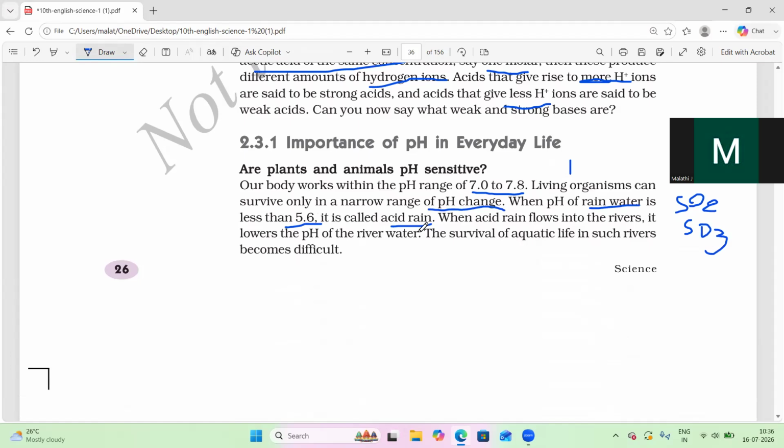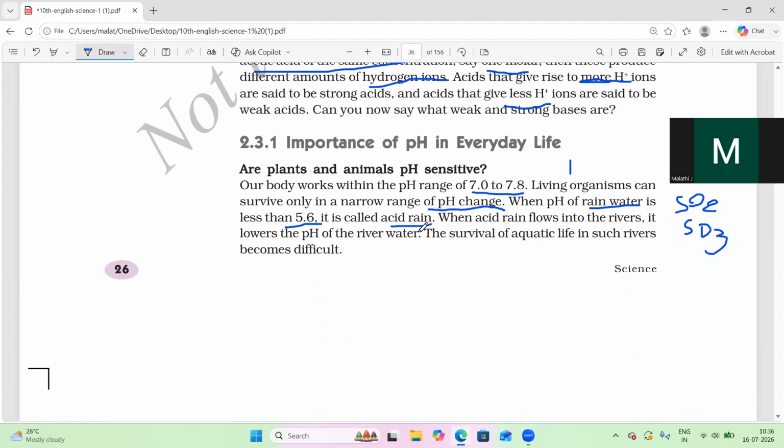Here one important question they may ask: why does normal rain convert into acid rain? Because the rainwater combines with the sulfuric acid pollution in the atmosphere, it is converted into acid, that is sulfuric acid or sulfurous acid.